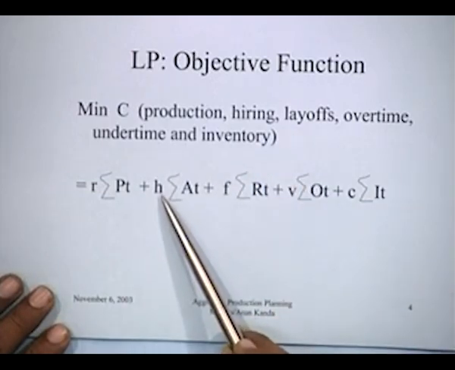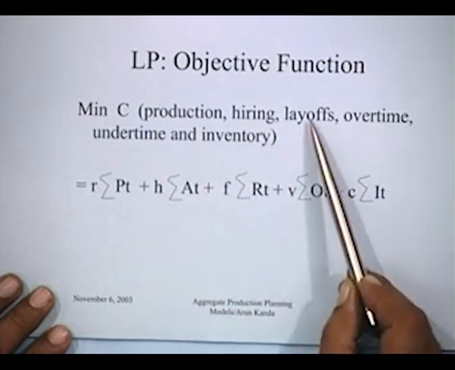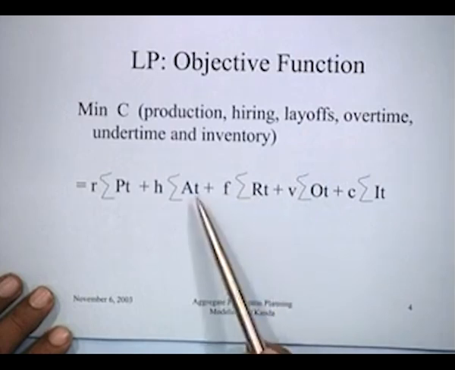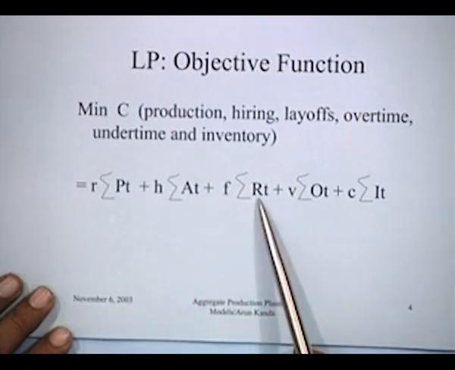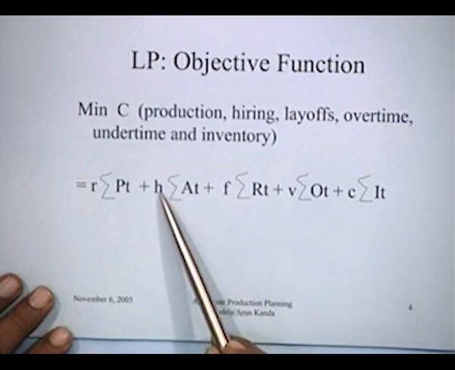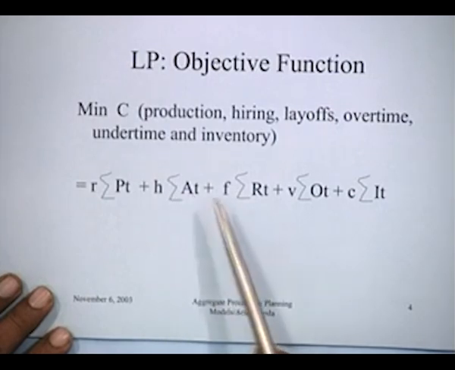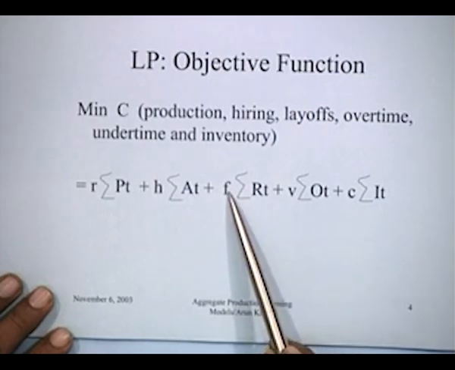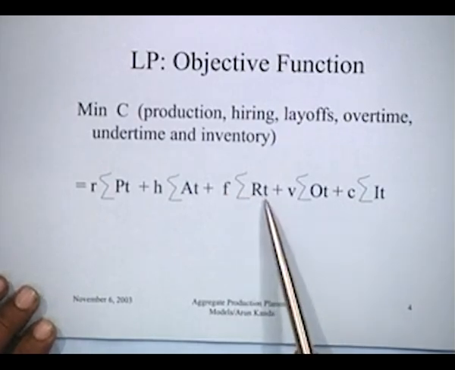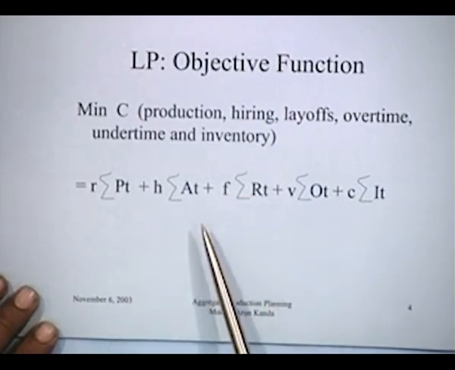So this is the hiring cost, H. Similarly, you have the firing cost, which depends upon whether there is an increase or a decrease. If this is the amount of increase, the hiring cost is proportional to the amount of increase of production. The firing cost is similarly proportional to the decrease in the production in the Tth period.